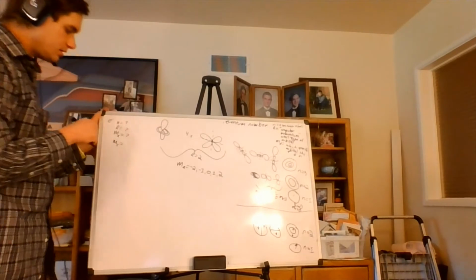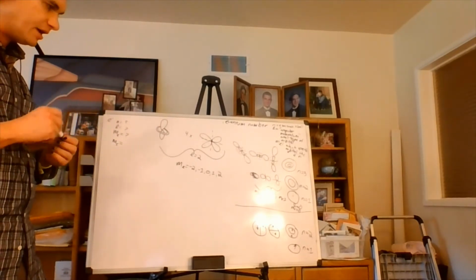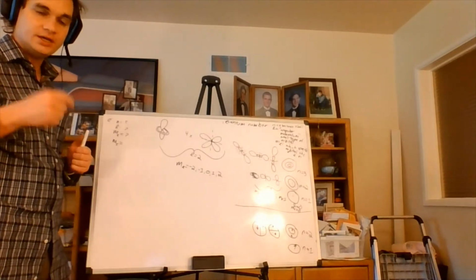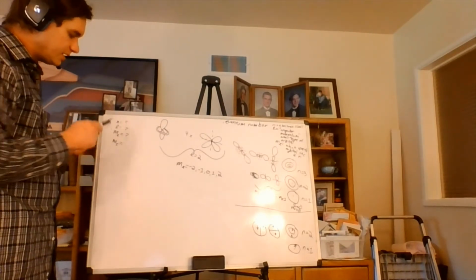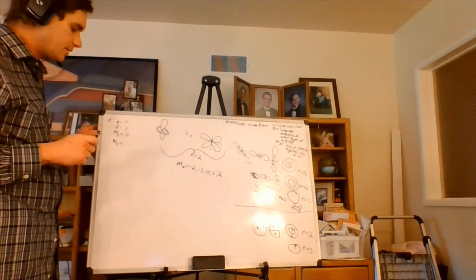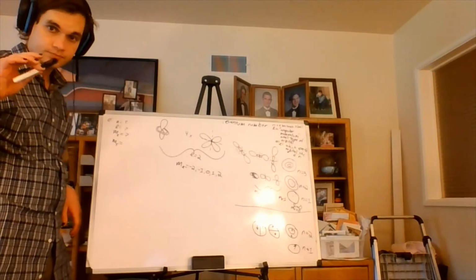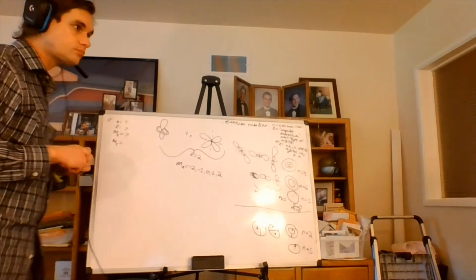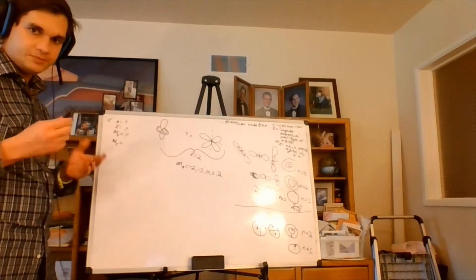So m sub L is the magnetic field generated by the momentum of the electron in its orbit around the nucleus. m sub S is the magnetic field generated by the electron spinning on its own. Now, electrons are what we call Fermi particles.